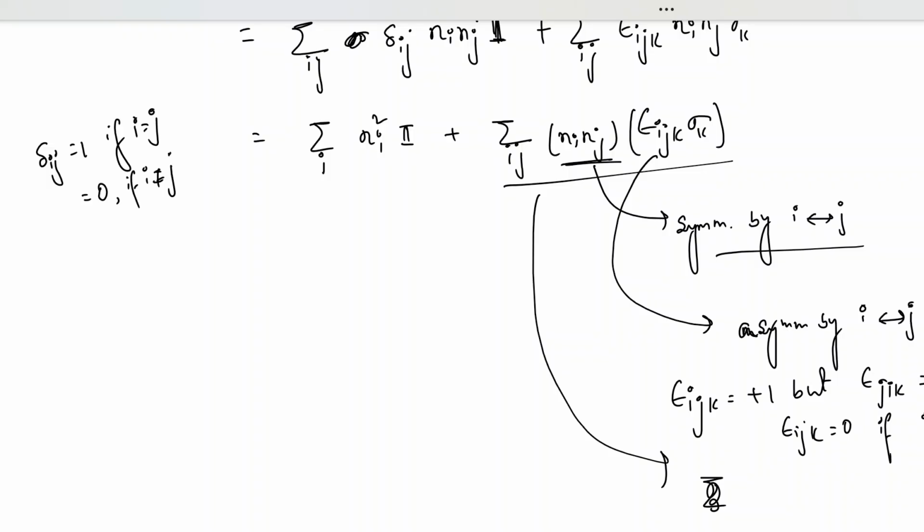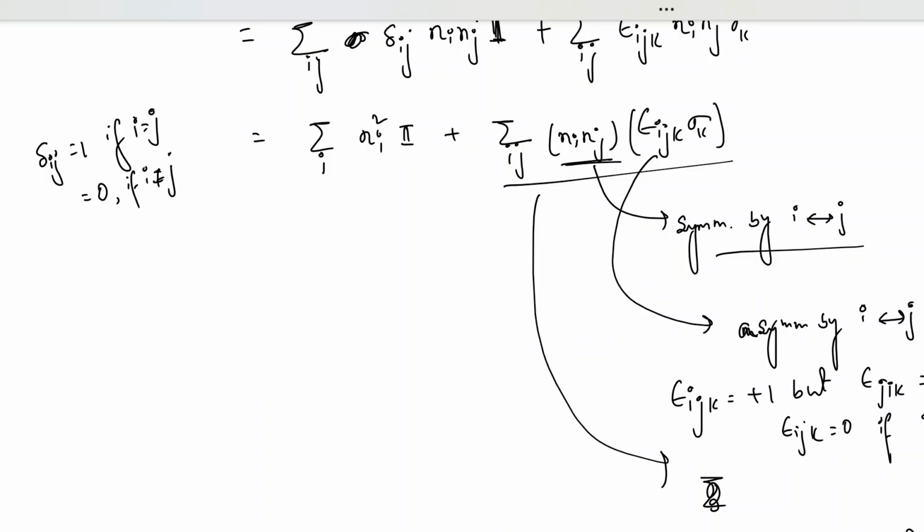Now because you have the summation over 1 and 2, you can also write another term, which is n2 n1 and epsilon 2 1 3 sigma 3. So basically here i equals 1, j equals 2, and here i equals 2, j equals 1. Both are possible under the summation.